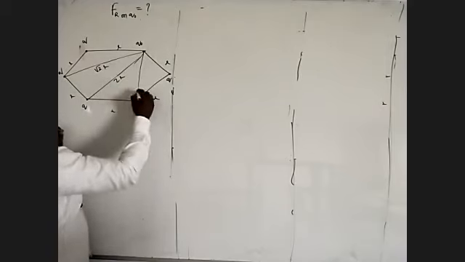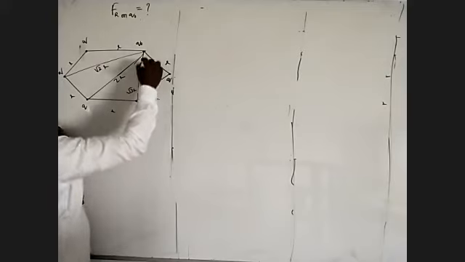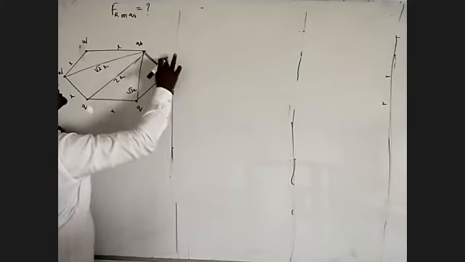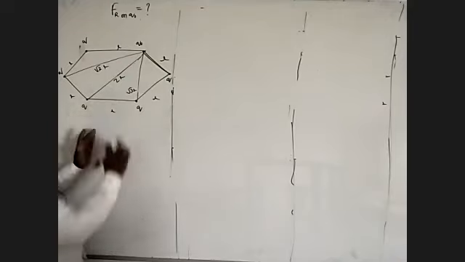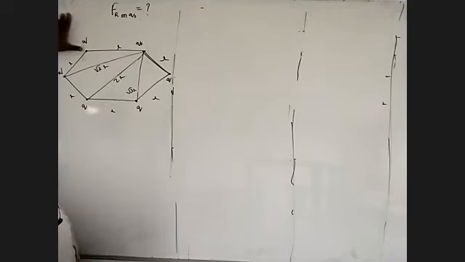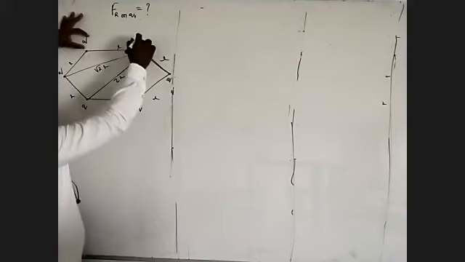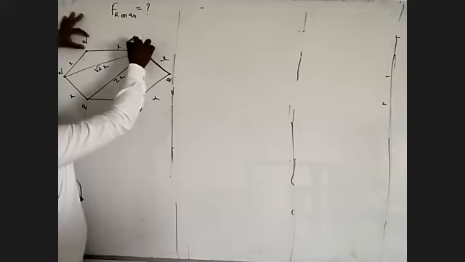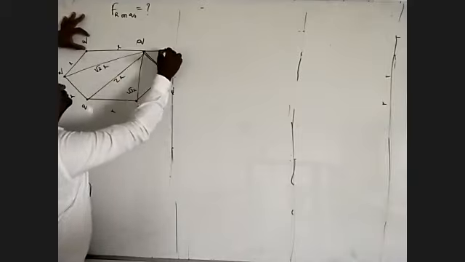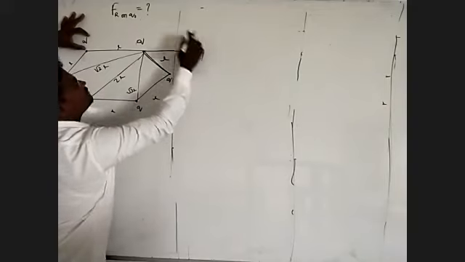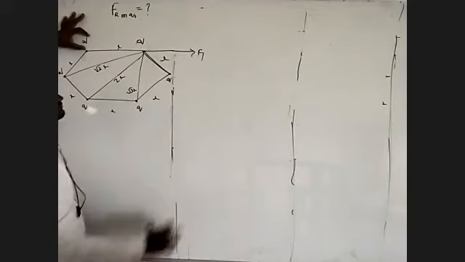From here to here is root 3 L. From here to here is L. This is a positive charge, this is fixed, but this one is free to move. The fixed charge will repel this charge in this direction. That is the F1 force.